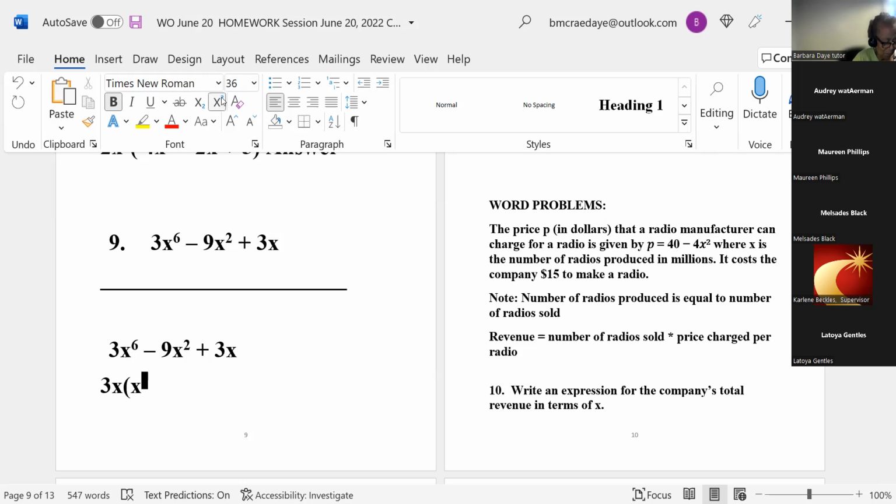Are you saying since x is 1, I should have 5 to make that 6? That's right. Because what do you do when you multiply? Add the powers. I wasn't adding the power.